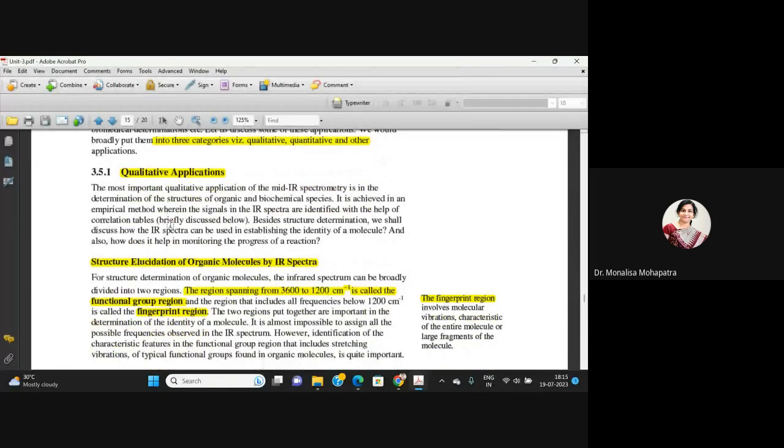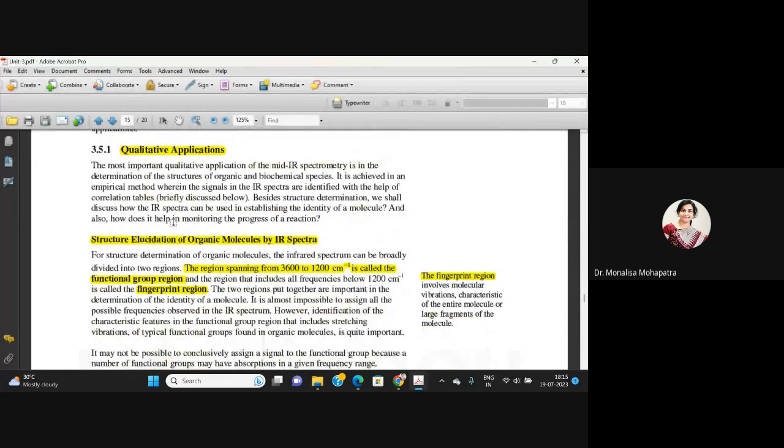Okay, how are you going to use this? For the structure elucidation of organic molecules, which is not completely in your course for the time being, for the PGDSC course in this class.